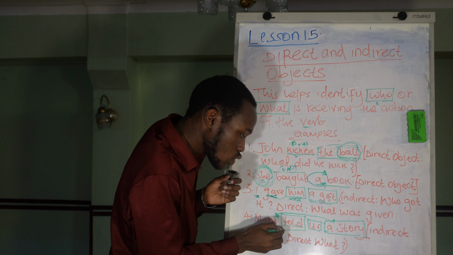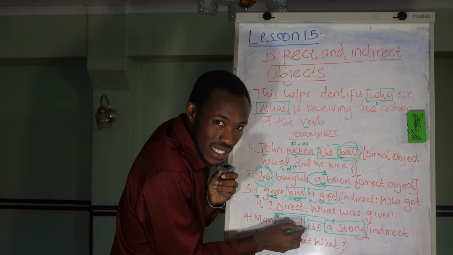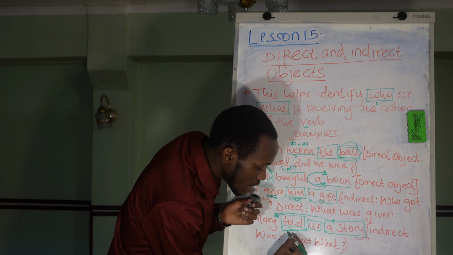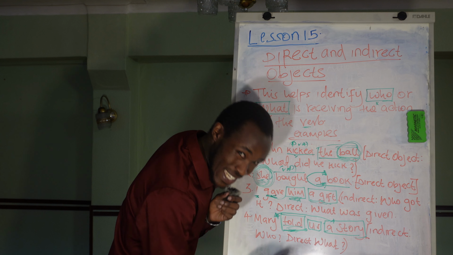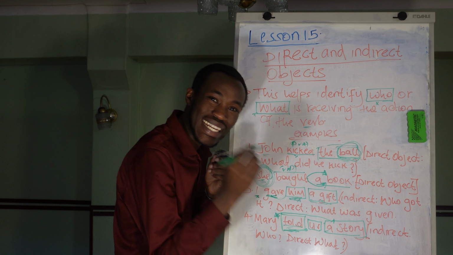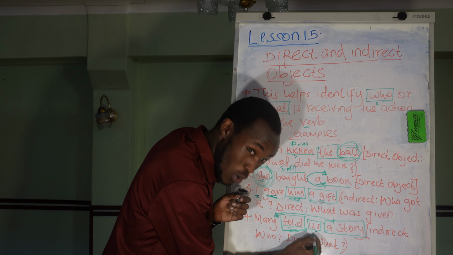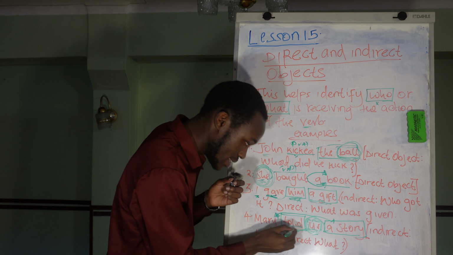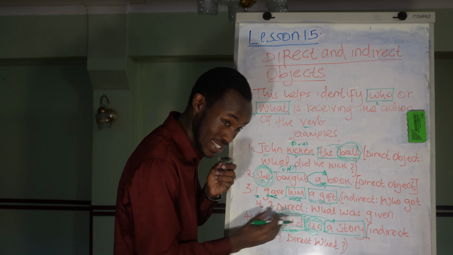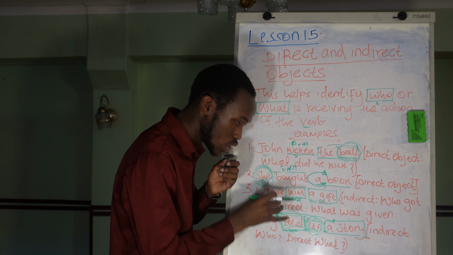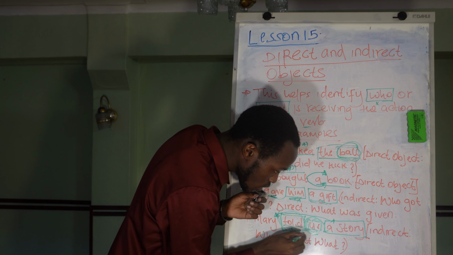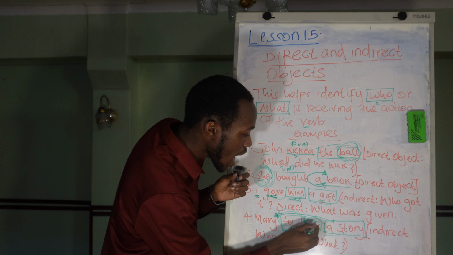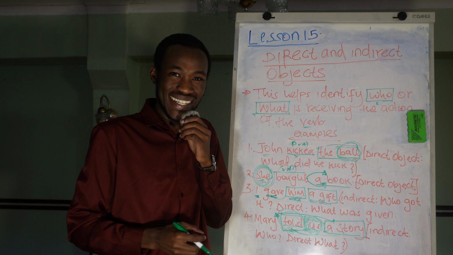This action, Mary told us, makes no sense. Because what is the word told, which is the predicate, affecting? Told does not affect these people who are here. The us is not affected by this action that Mary has done. So it is Mary told a story. A story will be our direct object. And now us will be indirect.